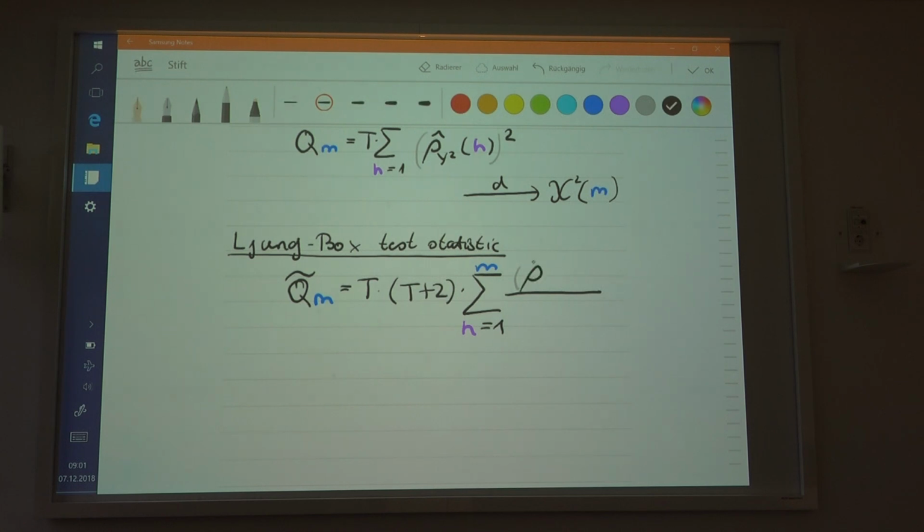We're talking about the empirical autocorrelations of the squares of the process, basically. So this is the square, and you divide this by T minus h. This is how the statistic looks.